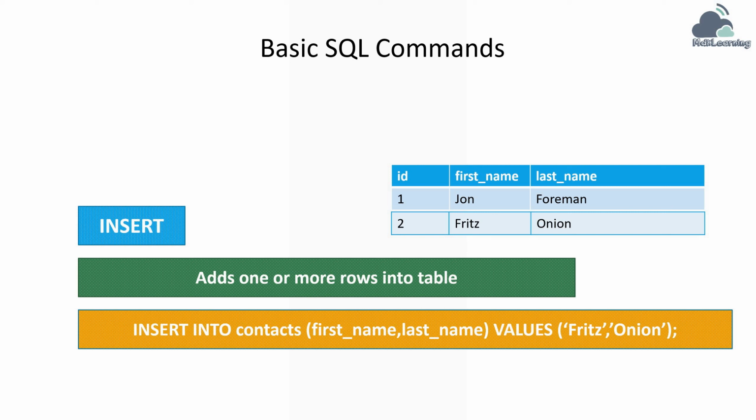Now you may notice that I didn't specify the ID column, but the ID column updated automatically. This is what's known as an auto-incrementing column, and it's very common in database design. We don't want our identifiers for each row to be associated data with the person, right?